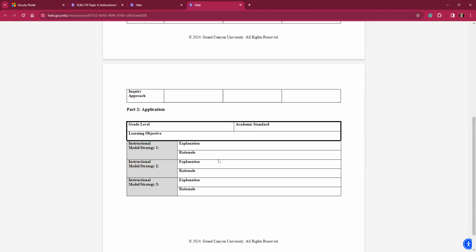Additionally, I wouldn't be teaching the meaning of the vocabulary when I'm just trying to learn how to read words. The purpose of that lesson would be to decode, not to specifically understand what all of the meaning of the words are. So you'll choose 3 models or strategies, explain it and how you would teach it step by step, and then give a rationale for why this is a good strategy for this standard and these students.